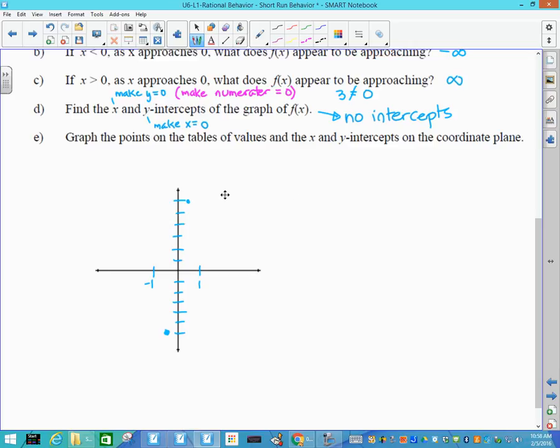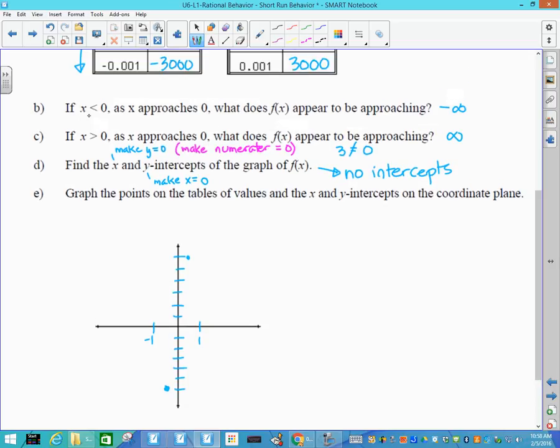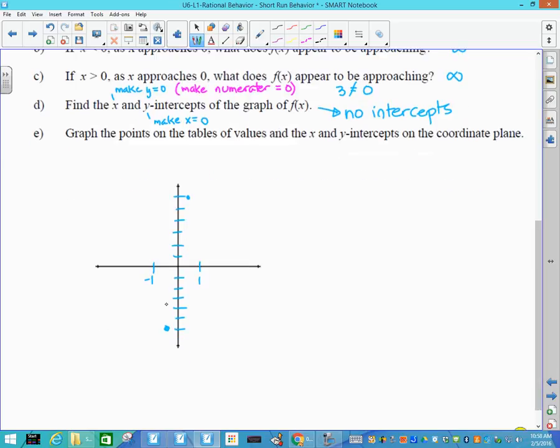The other thing we said was that on the left side of 0, as I got closer and closer to 0, my graph went to negative infinity. So that's enough to say that this is what my graph is doing. It's getting closer and closer to 0. We're not really worried about this part yet.